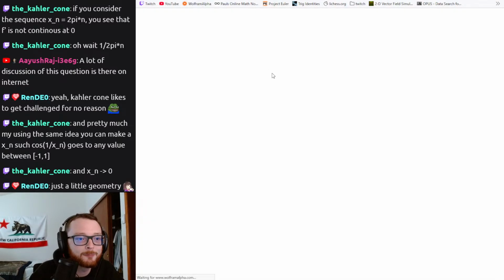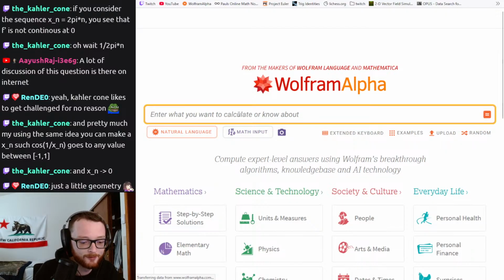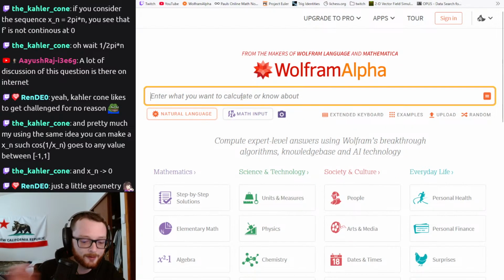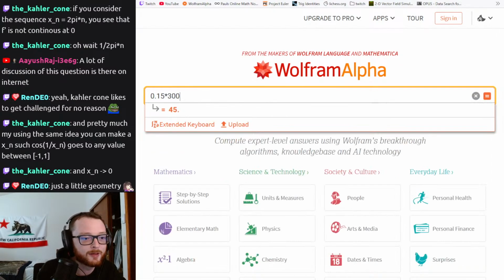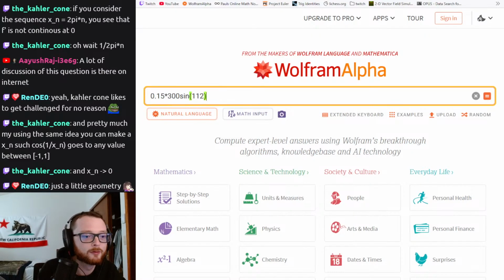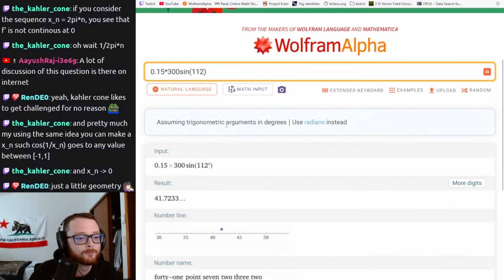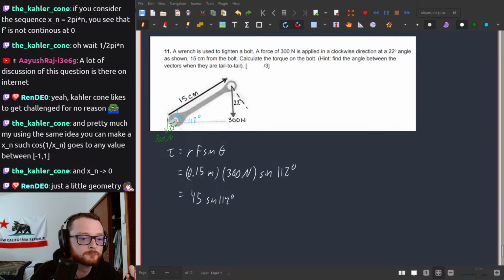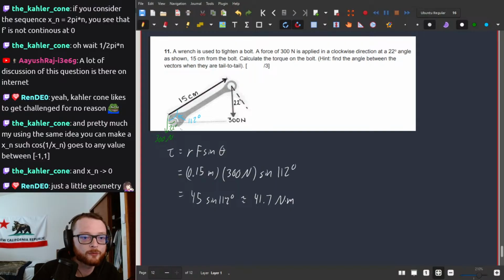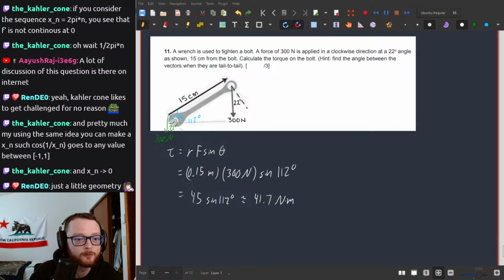If anyone can do that mentally, more power to them. It is 45. Look at me go. 41.7. Do we need to do sig figs? I'm not going to do sig figs. Torque is, I guess, Newton meters? Does torque have special units? It's probably just Newton meters.